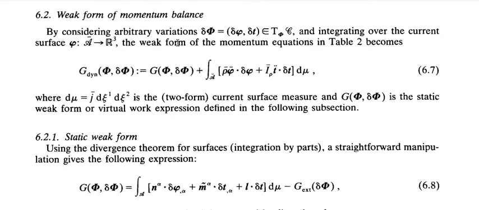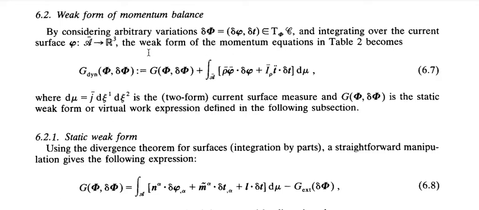So G dyne is in terms of phi comma delta phi. Phi is the shell configuration and this is the variation in the shell configuration. In terms of these two, we write the energy equation, or you can call it the energy functional, or you can also call it the weak form of the momentum equations, because this can be viewed in multiple ways.